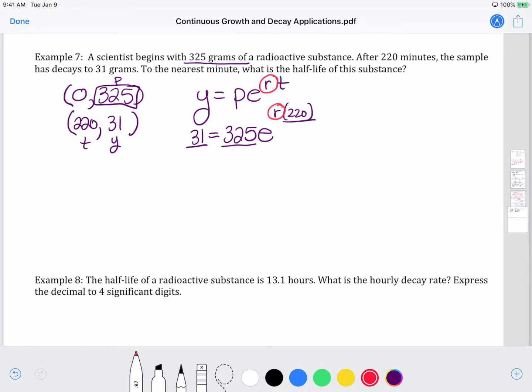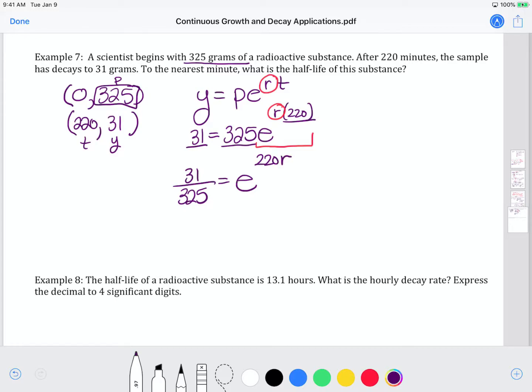And when we're solving for something that's in the exponent, I know that I have an exponential equation. When I solve exponential equations, the first thing I want to do is isolate the exponential. So I want to get this part by itself, and then I can put it in log form. So the first thing I'm going to do is divide both sides by 325. So I have 31 over 325 is equal to e to the power of 220r.